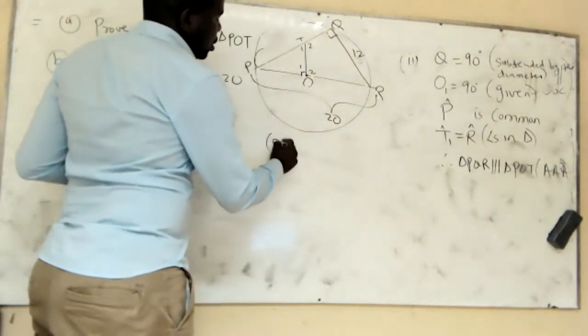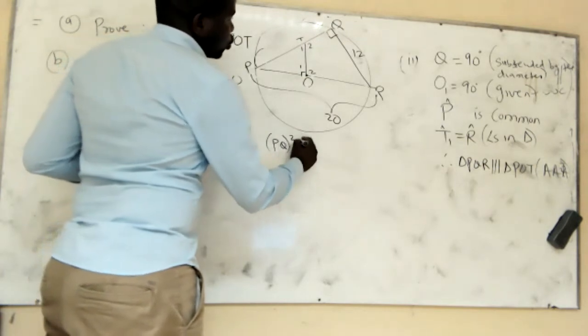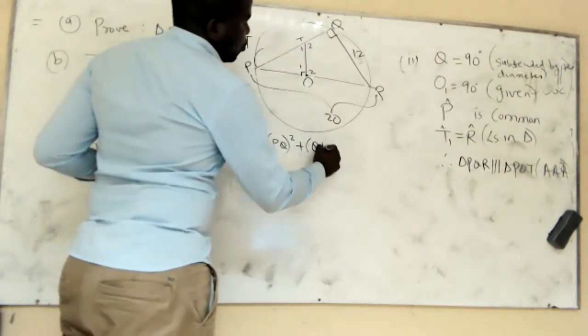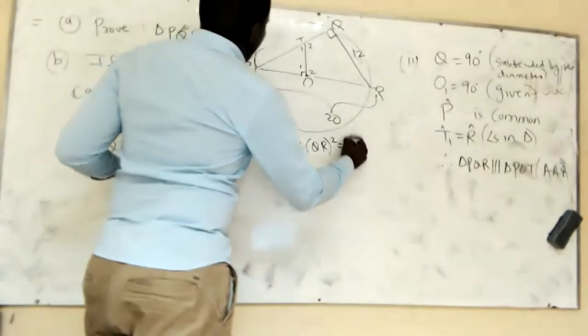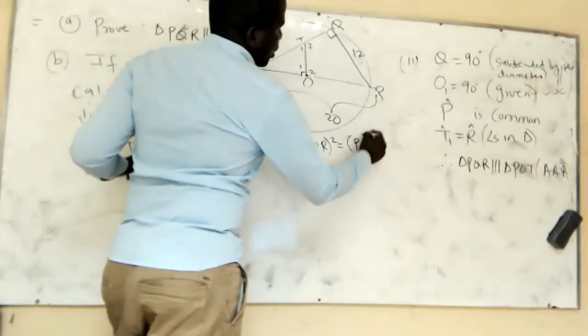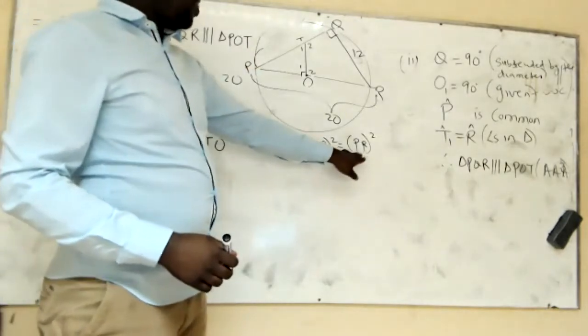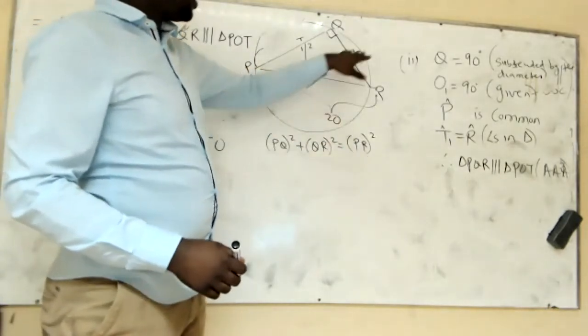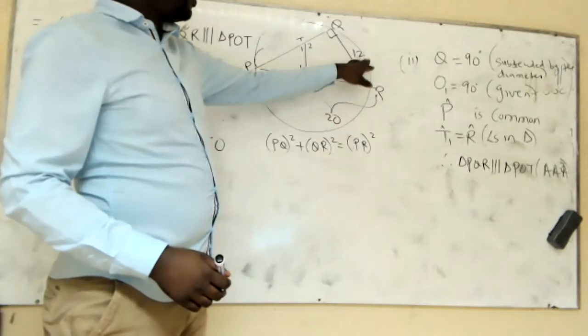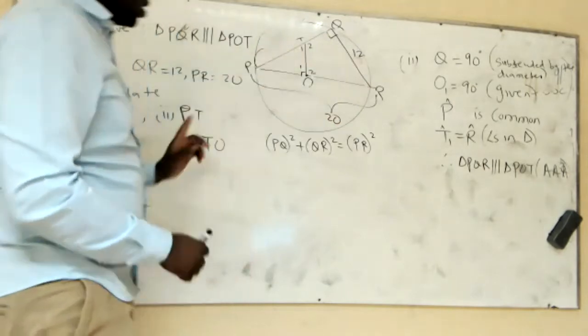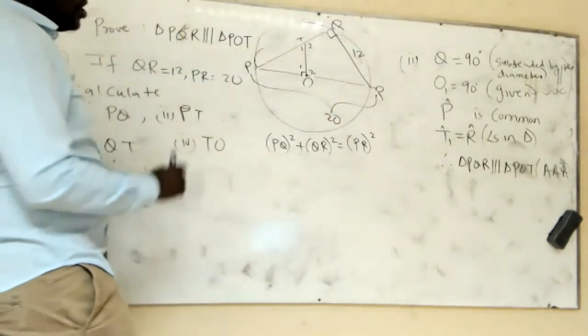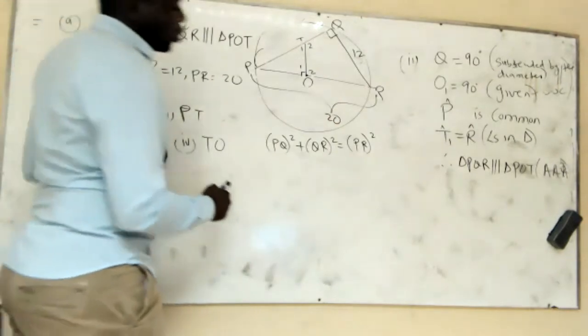So it's going to be PQ squared plus QR squared is equal to PR squared. It's very important for you to see that PR is the hypotenuse, and this is the adjacent and that is the opposite. It's very important to identify that because you might not get the correct value.